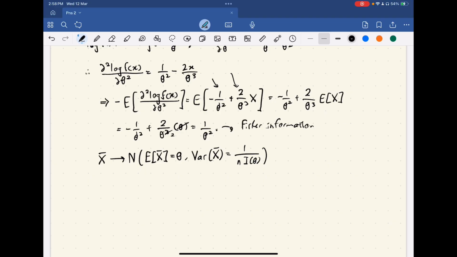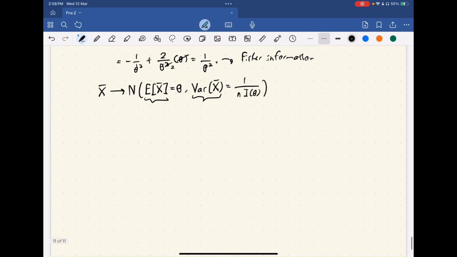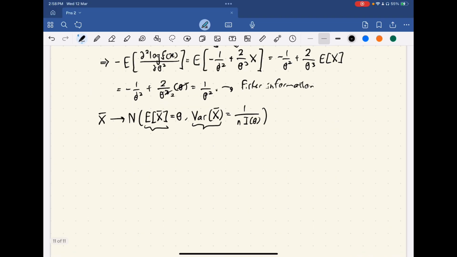Okay, you don't have to actually write these two. You just write it so that it's easier to reference, right? And so this is just normal with mean theta and variance 1 over n times 1 over theta squared inverse, which is theta squared over n.